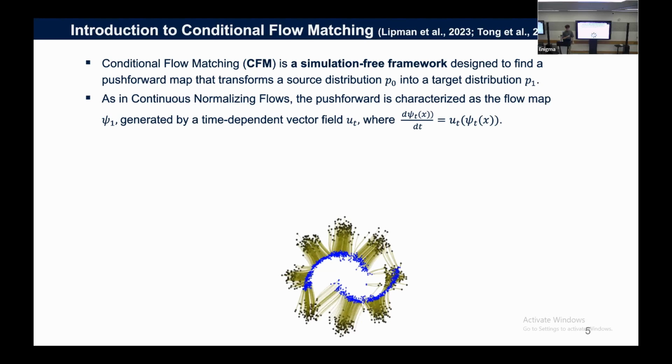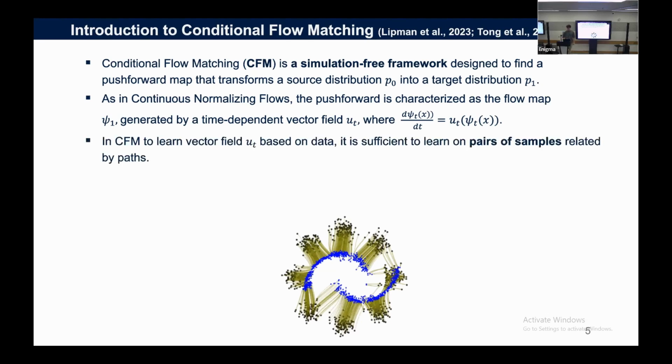This is what's called continuous normalizing flows. Now, this more recent framework that mainly Yaron Lipman introduced two years ago, called conditional flow matching, tries to improve on what was known.